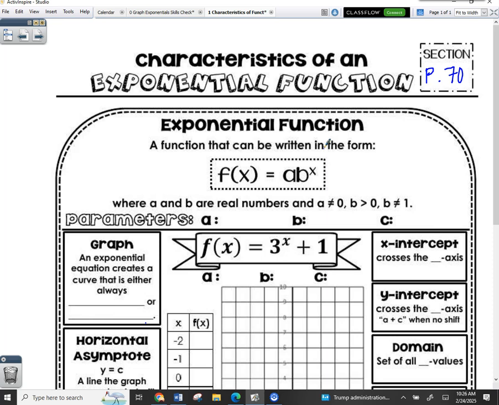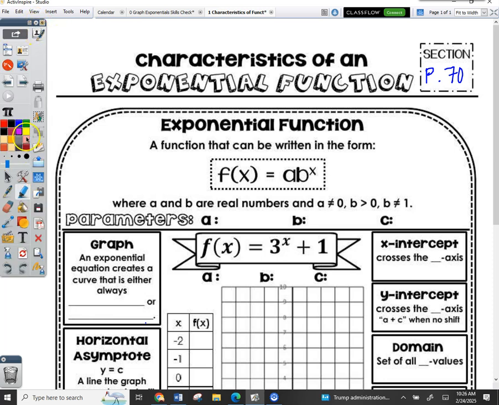Okay, so on your formula sheet that you will have for the EOC, you don't have to highlight this. I'm highlighting it to draw your attention to it since my board's broken. I can't go up there. This is exactly what's on your formula sheet. It says exponential function, and then it has this written. Now, it doesn't explain what any of it is. You're going to have to know it.